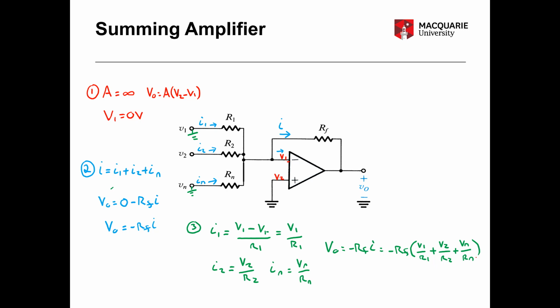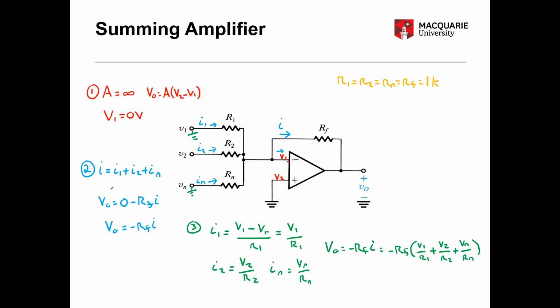And so of course at this stage you can see why we called it a summing amplifier. If we take the example up in the top right here, if we say that R1 equals R2 equals Rn equals RF, let's say all equal to 1k.